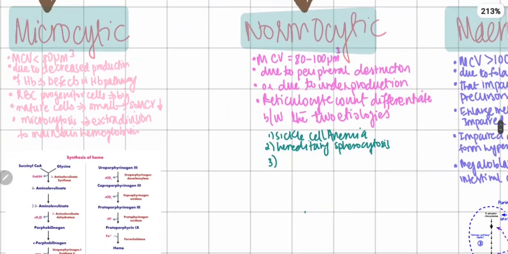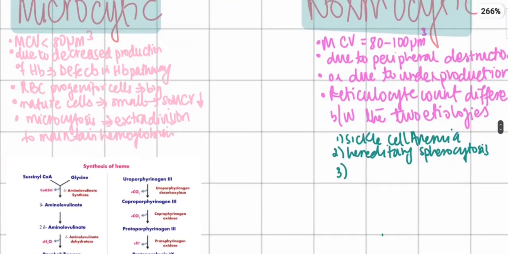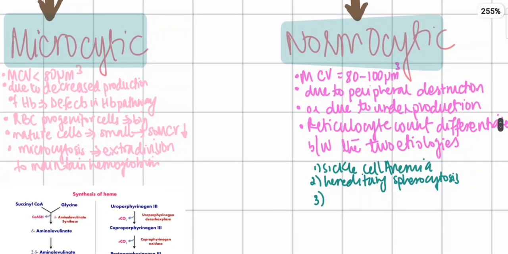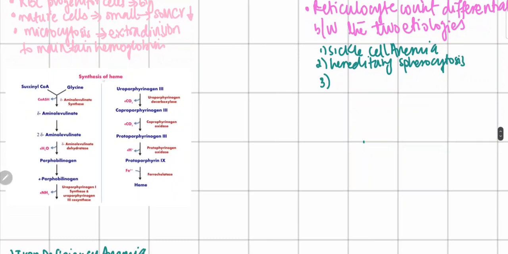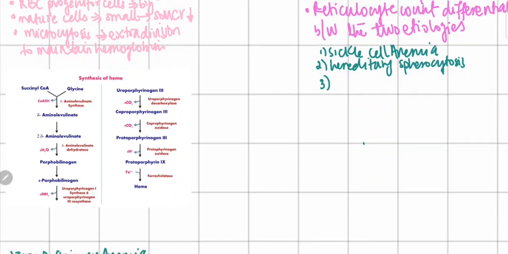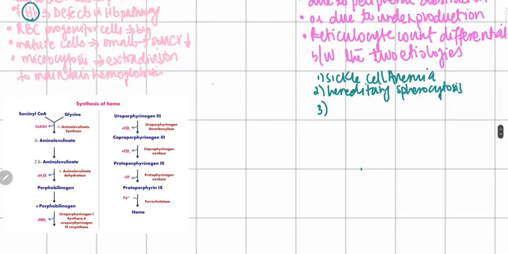Right here, what we need to know are some general basic principles about microcytic anemias. We're going to go through it, and then we're going to detail all the different types of anemias in the upcoming videos. So MCV is less than 80. It is due to decreased production of hemoglobin. That's important. The hemoglobin pathway is affected. This pathway right here is the synthesis of heme. We know how hemoglobin is formed: hemoglobin consists of heme and globin.